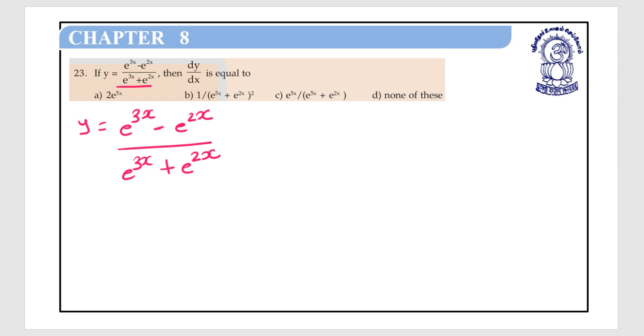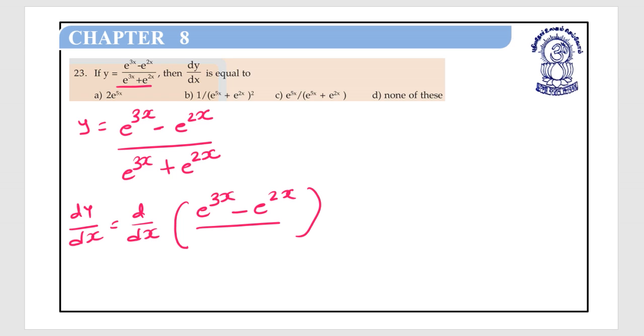Okay. Take the differentiation. dy by dx is equal to d by dx of e raised to 3x minus e raised to 2x upon e raised to 3x plus e raised to 2x. So using the u by v formula we can solve this question.